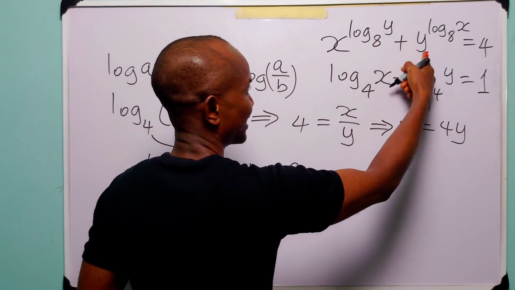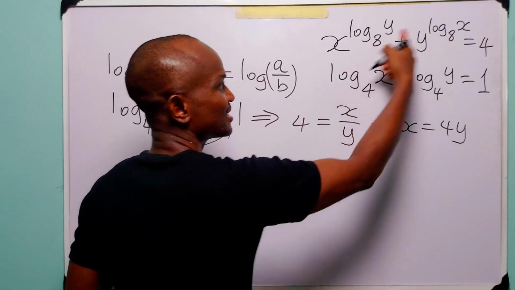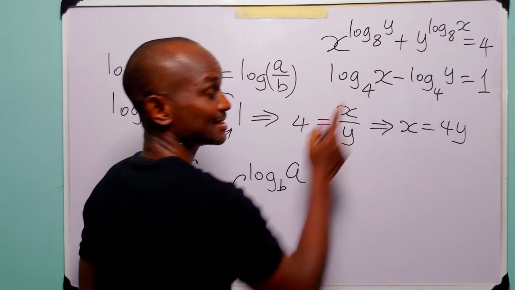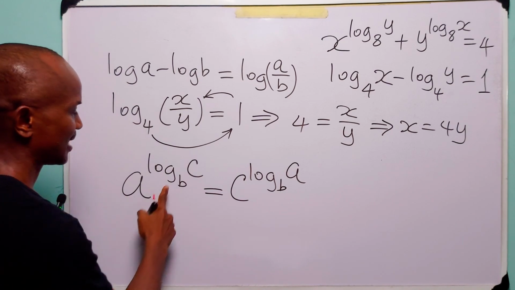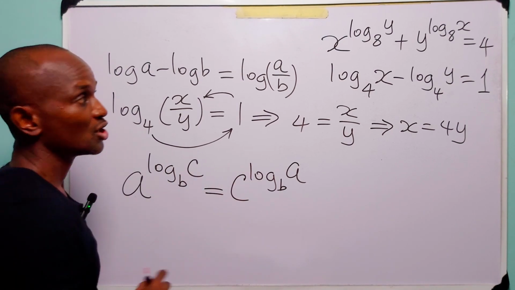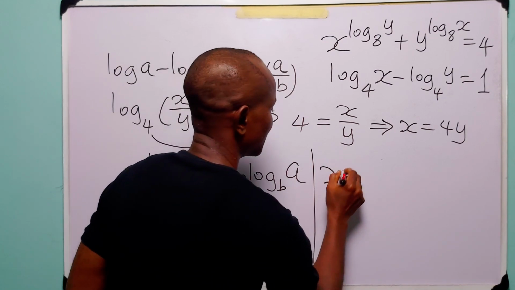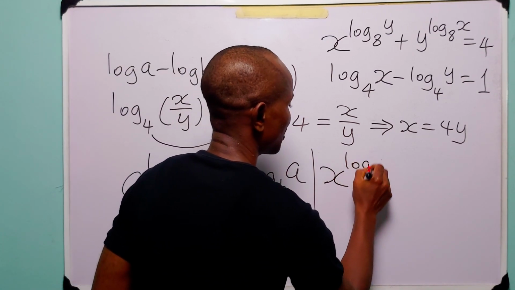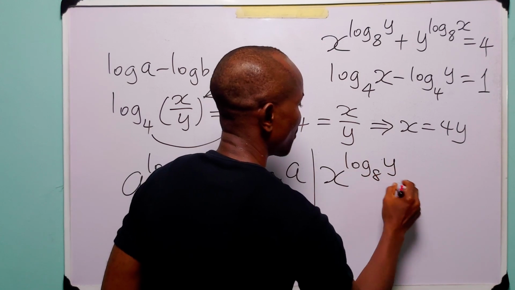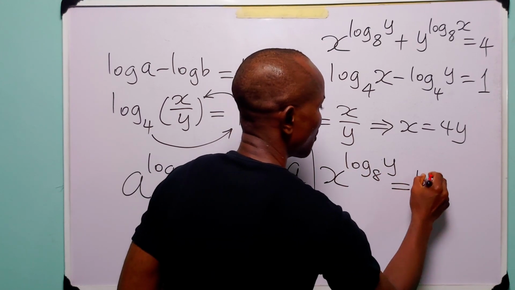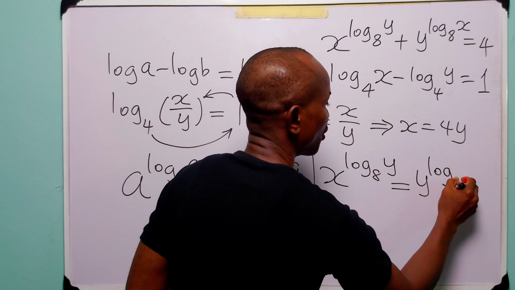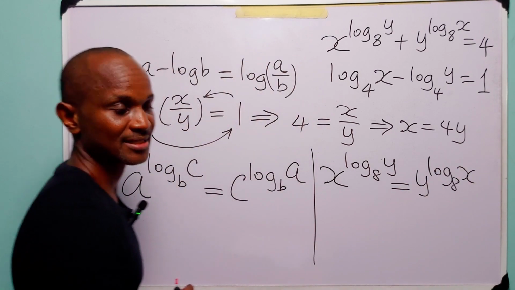This is y and this is y. And the base of both logs are the same. That is base 8. So it is safe to say that this first equation, x to the power log to base 8 of y, is equal to y to the power log to base 8 of x.